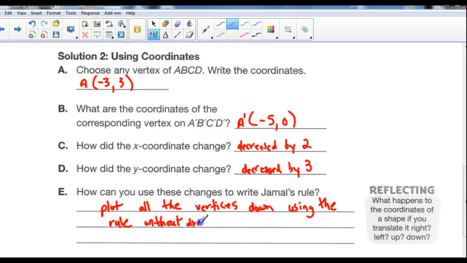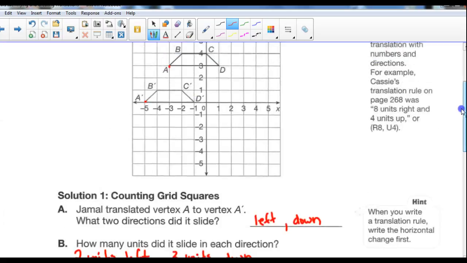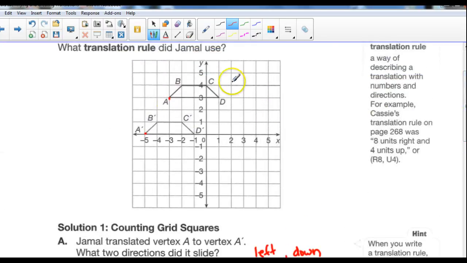Some people like to draw it. Some students just like to have the numbers written down, but because I'm a visual learner and I like to see what I'm doing, when I'm translating, rotating, or any object, I like to draw it on a grid, and I like to make sure I can see what I'm doing. Okay, and probably most of you are going to be like that.